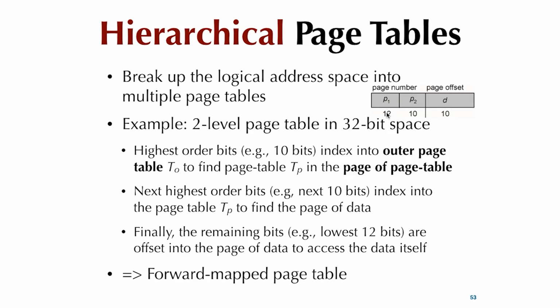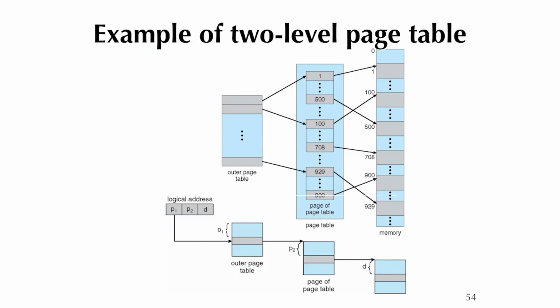Your offset is within the page, right? So I think the offset is the remaining bits. Okay, it's okay. This is called a forward page table, and so then the logical address.